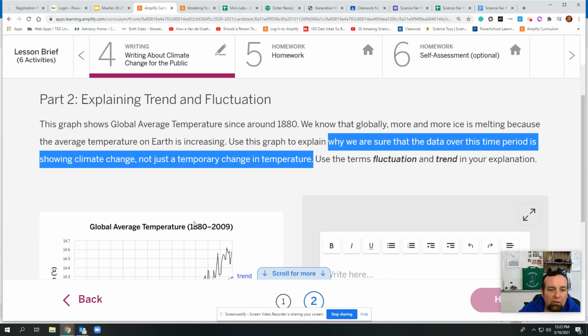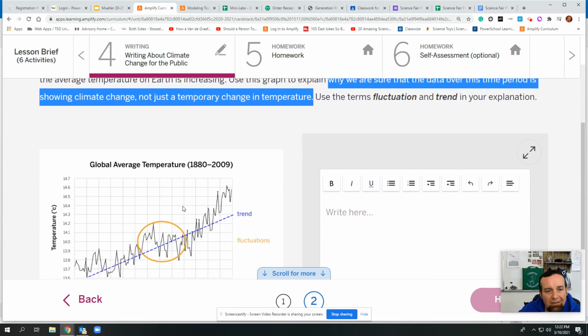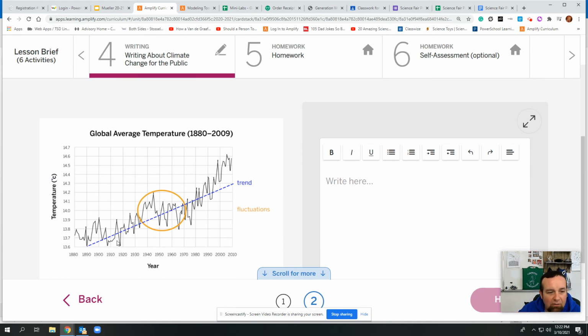Why are we sure that the data is pointing toward climate change and not necessarily just a temporary change? And just to give you a hint, explain what a trend is and explain to me that the trend shows a global increase despite the fact that there are fluctuations over smaller periods of time.